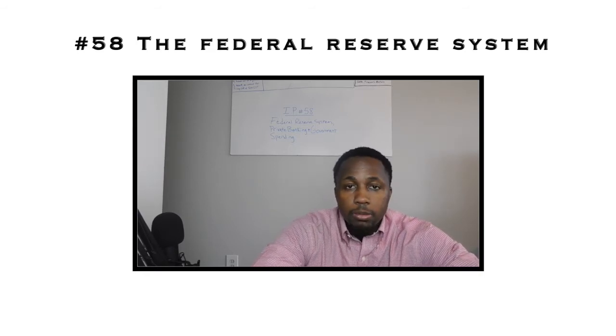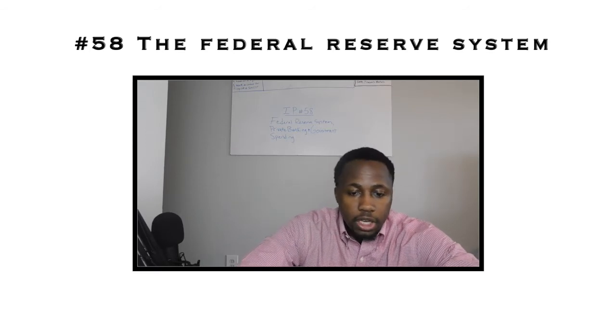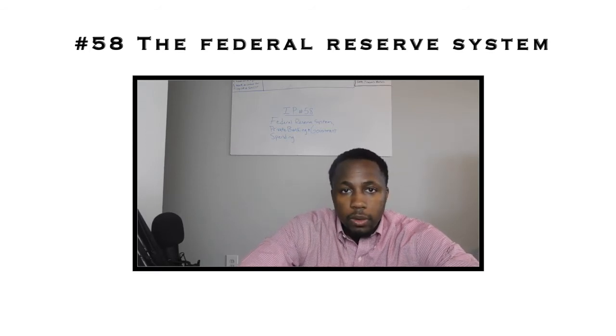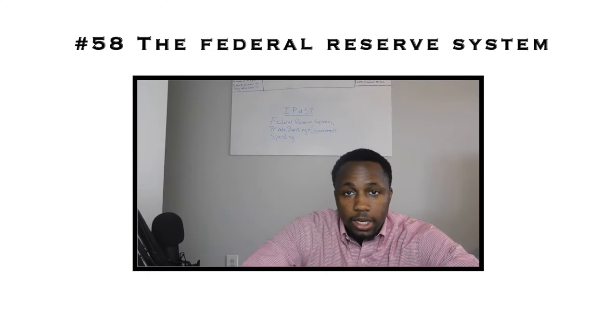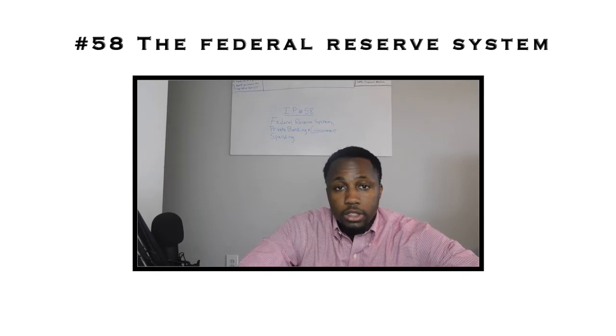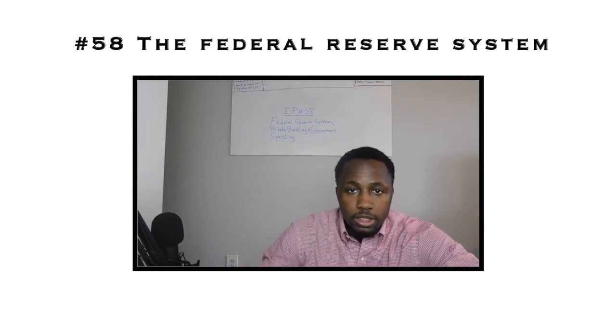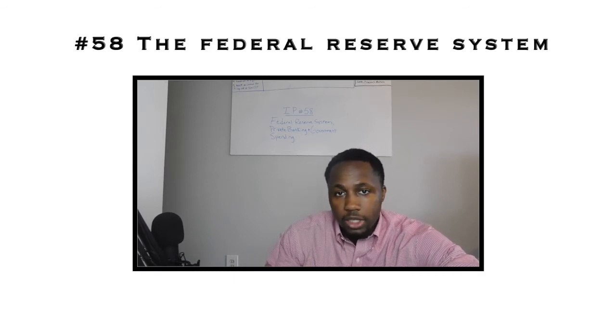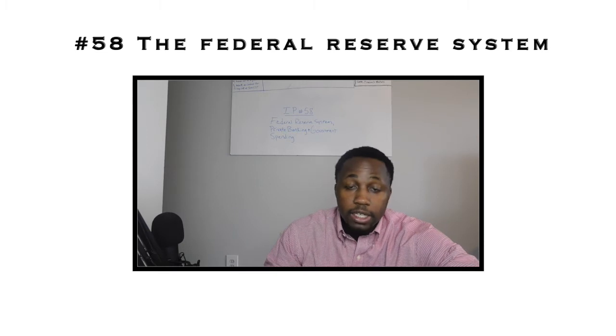Now, when it comes to some of their objectives, a lot of times the Federal Reserve will either loosen or tighten credit. Loosening credit simply means that the government will keep interest rates low so it can encourage businesses and people to go out and invest and borrow credit, to keep the economy moving and stimulated.